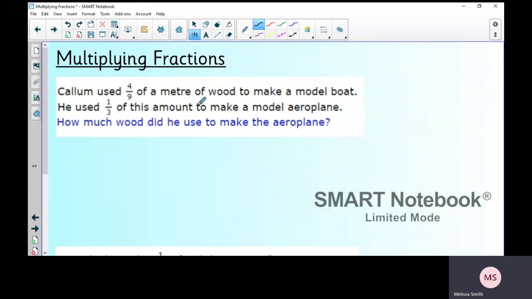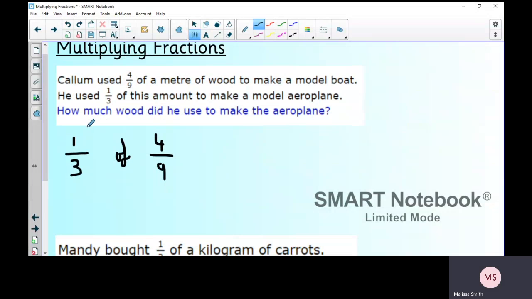We know that he's taking 1/3 of 4/9. He's taking that 1/3 of the 4/9 of wood that he had originally. Now, what did I say previously? That of is the same as? Well, I know that of is the same as multiplication.